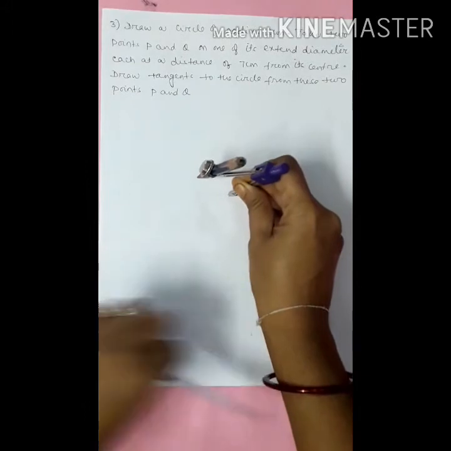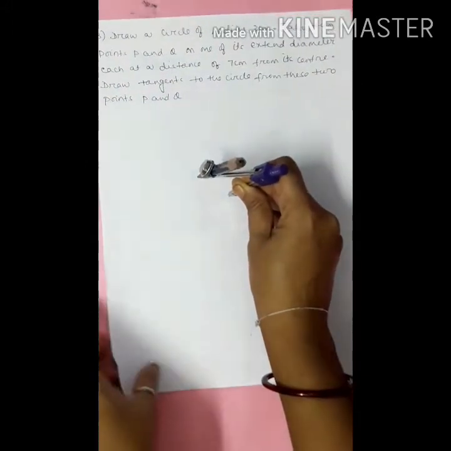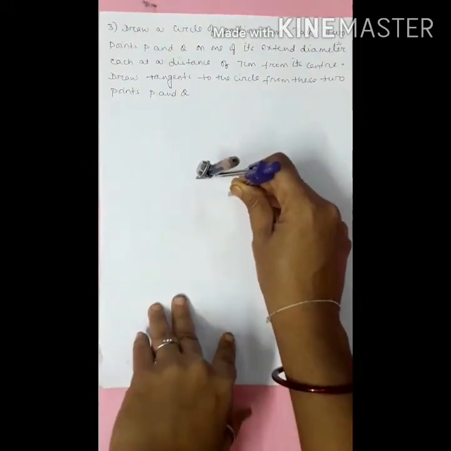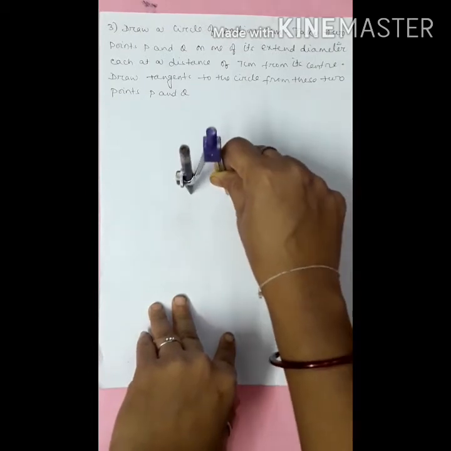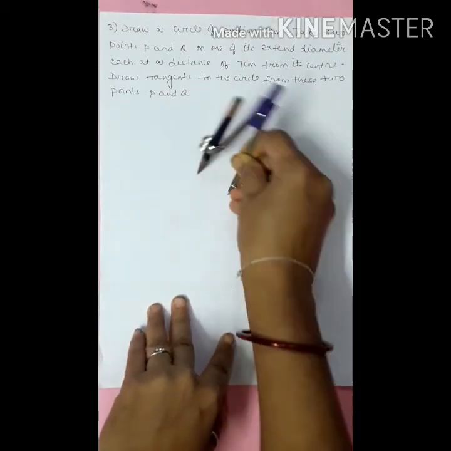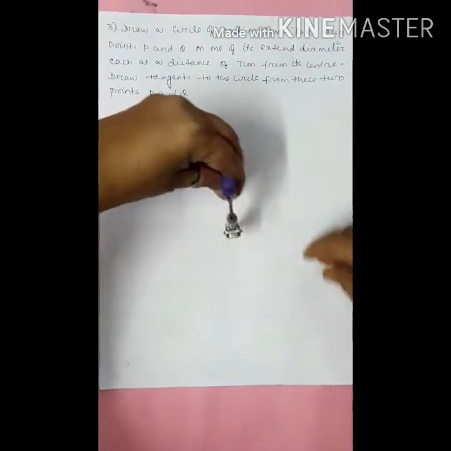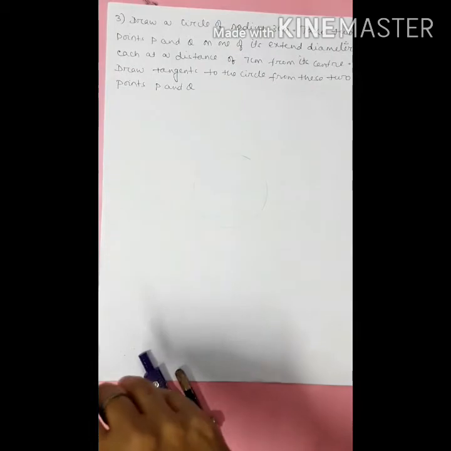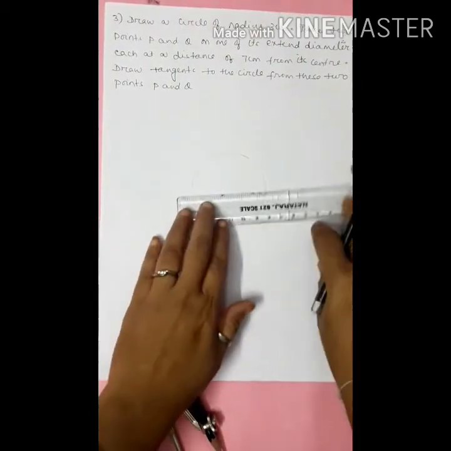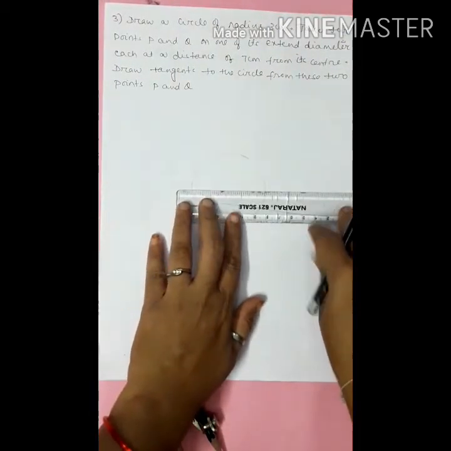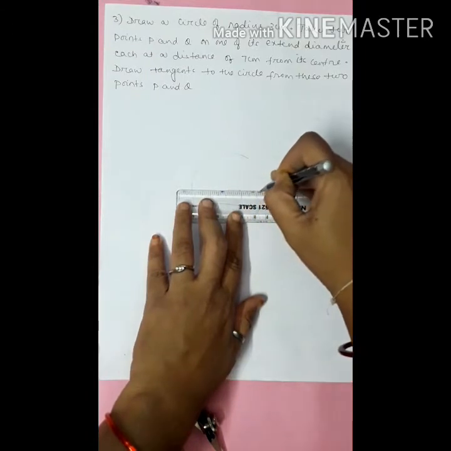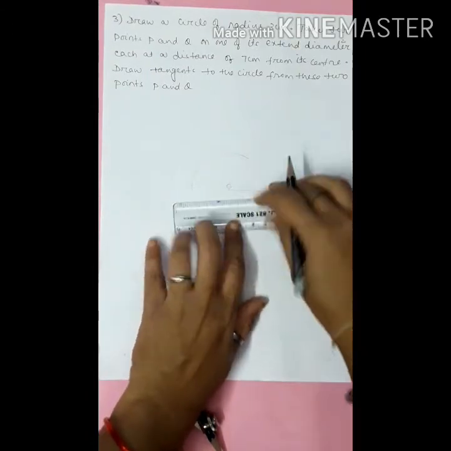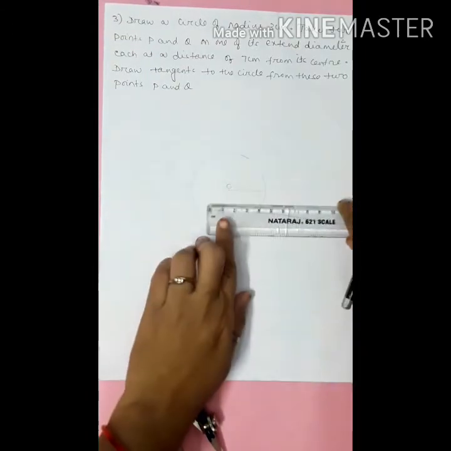First of all, you have to construct the circle of 3 cm radius. This is the 3 cm radius. Join this. This is the center. From the center to the extended diameter, what will we do?